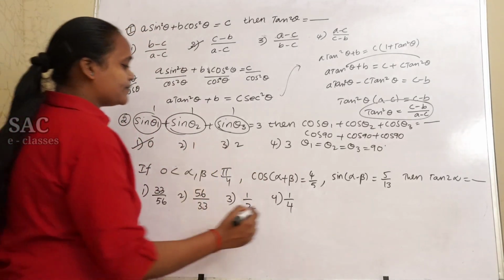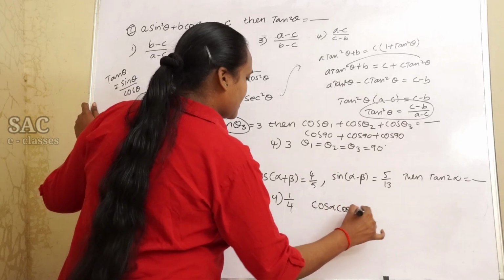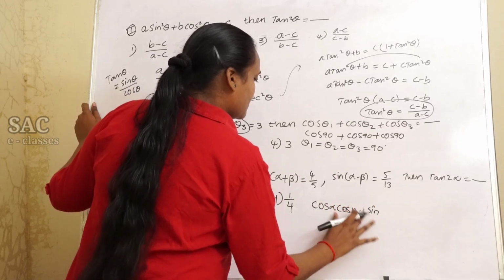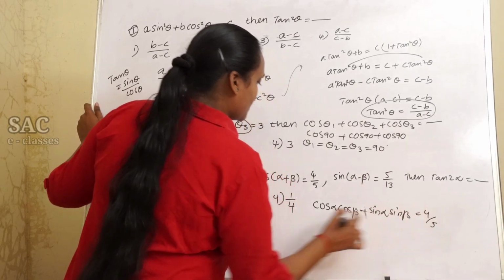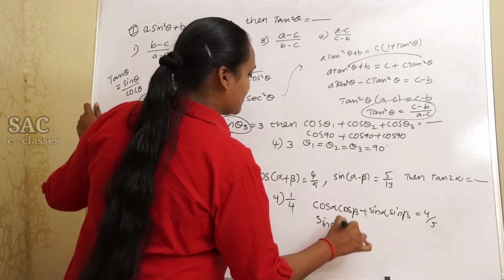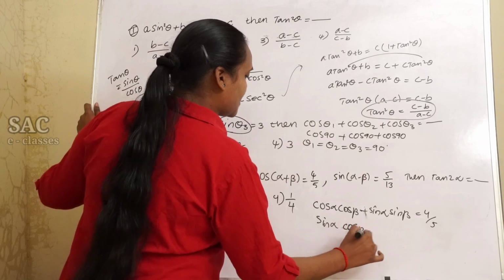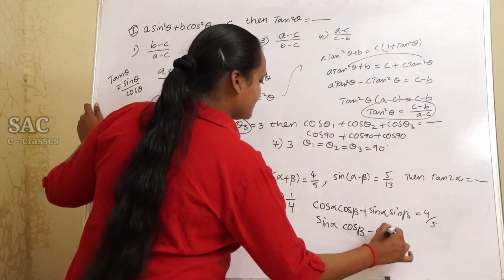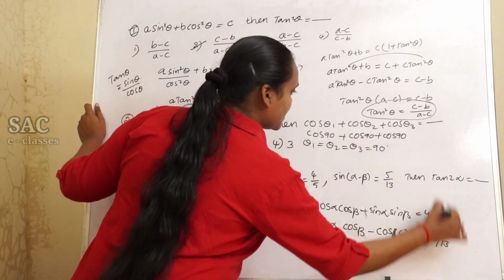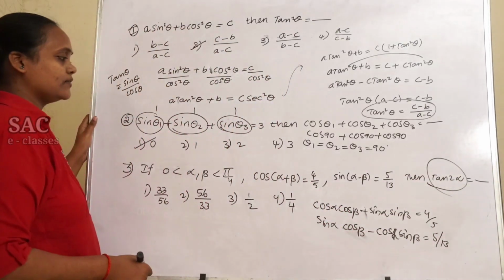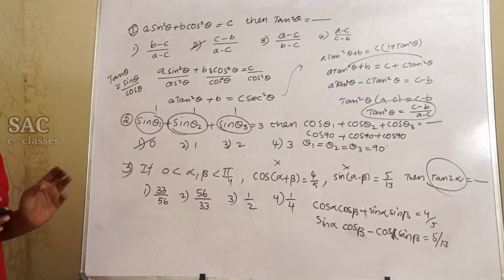We know that cos of alpha plus beta is cos alpha cos beta minus sin alpha sin beta, equal to 4 by 5, and sin alpha cos beta minus cos alpha sin beta equal to 5 by 13. But we didn't get the tan 2 alpha value, so expanding the compound angle may not be suitable here.